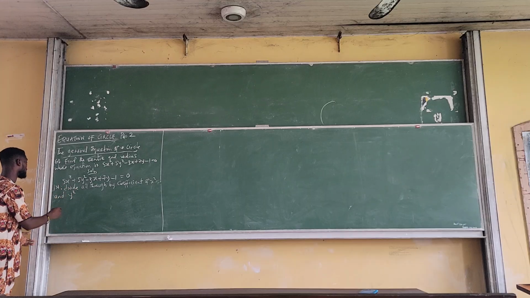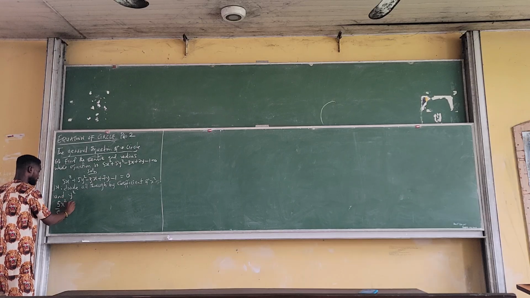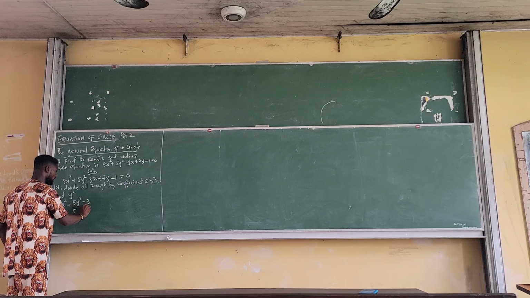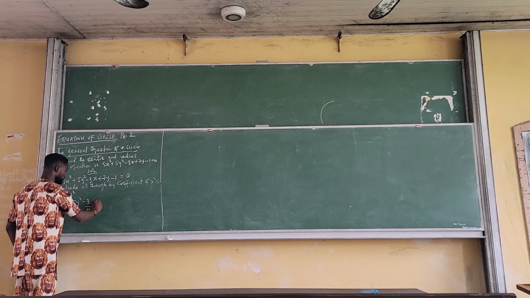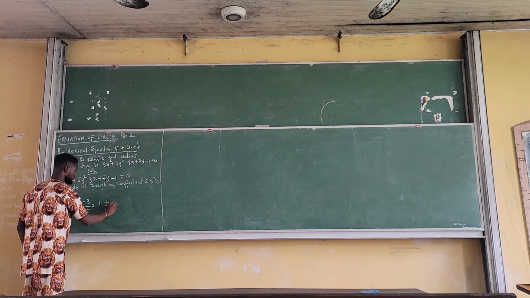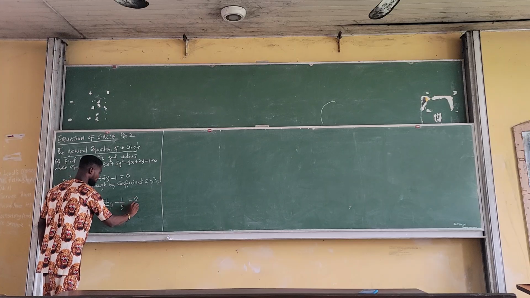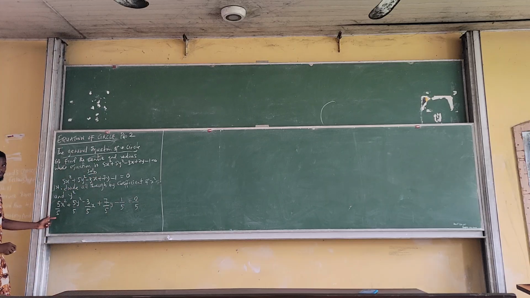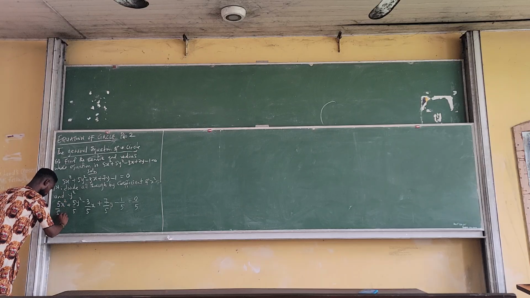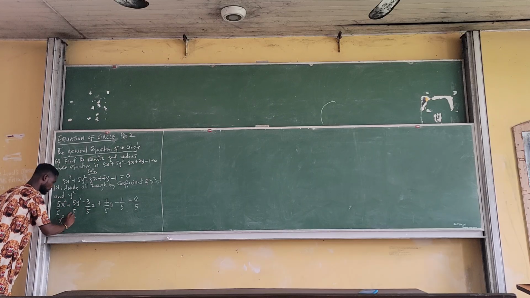So therefore we have 5x square over 5 plus 5y square over 5 minus 3 over 5x plus 7 over 5y minus 1 over 5 is equals to 0 over 5. 5 divided by 5 gives us 1, and 1 times x square gives us x square. 5 divided by 5 is 1, and 1 times y square gives us y square.